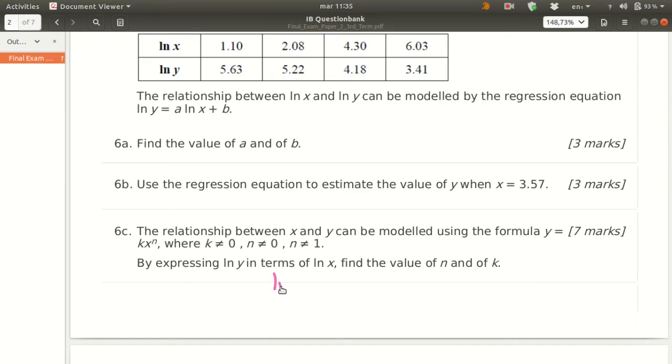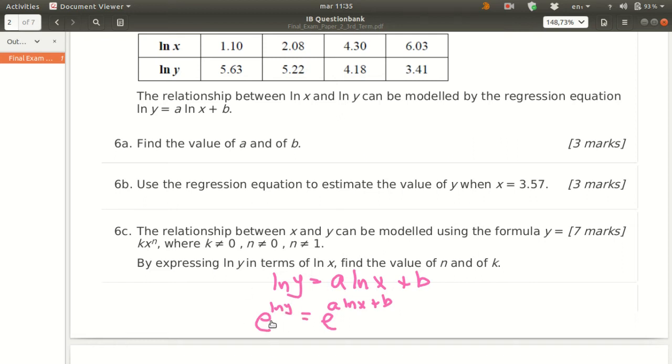So you have natural logarithm of y is equal to a times natural logarithm of x plus b. So I want y, not natural logarithm of y. I want y. So I'm going to use everything as an exponent with a base of e. So e to the natural logarithm of y is equal to e to the a natural logarithm of x plus b.